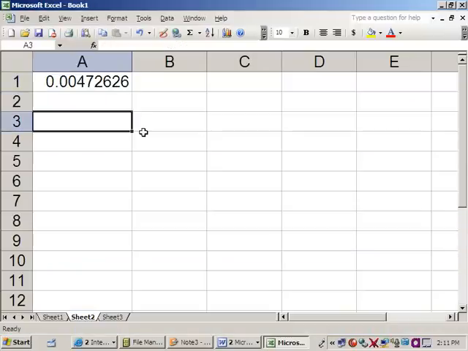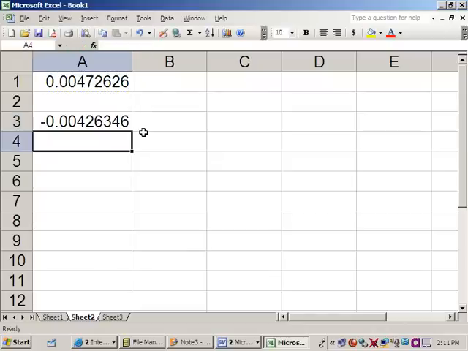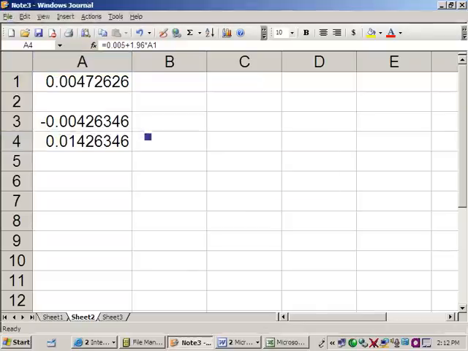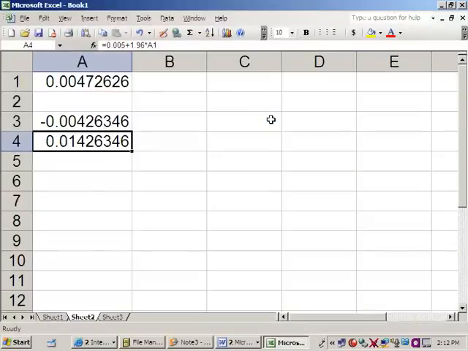Back to Excel to work that out. 0.005 minus 1.96 times standard deviation, and then the upper limit 0.005 plus 1.96 times standard deviation. Alright, getting a tiny number, but negative, minus 0.004263. To the positive, 0.01426.